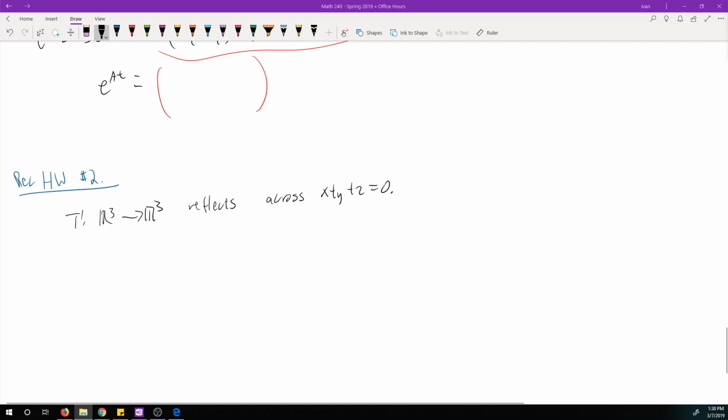Let me pull that one up. So recitation homework 6, we asked you to find a basis for R3 consisting of eigenvectors.